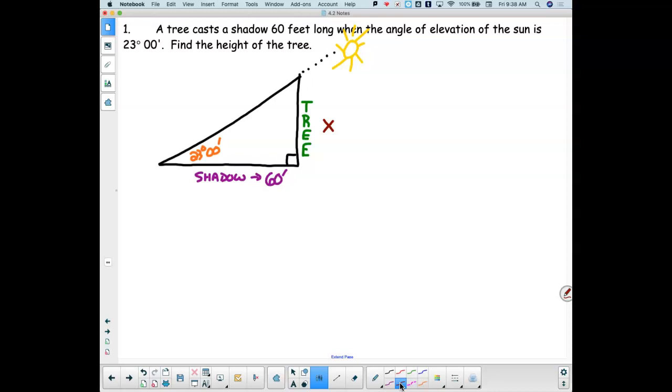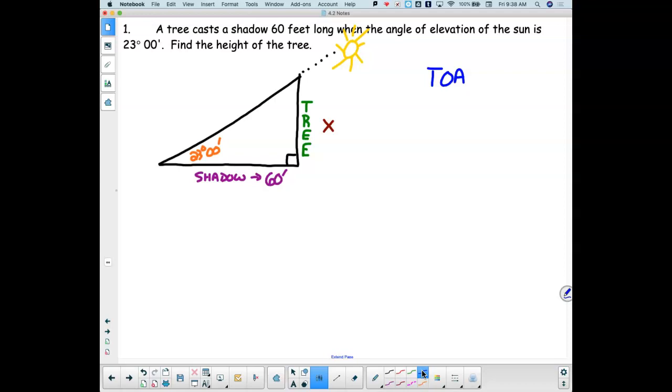So how am I going to figure out what x is based off of that? Tangent? TOA? Okay, so SOHCAHTOA. So tangent tells me opposite over adjacent. Yes.